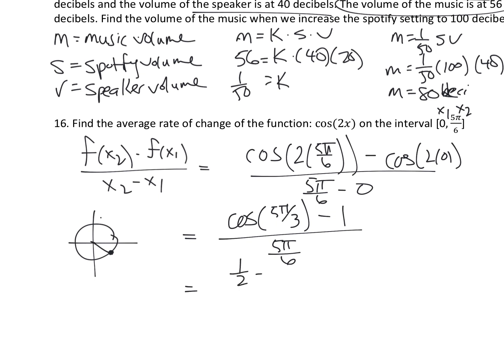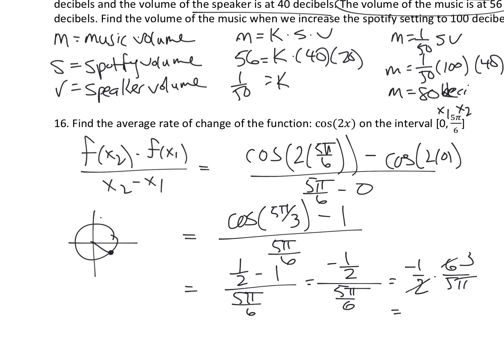So I get 1/2 minus 1 over 5 pi over 6, negative 1/2 over 5 pi over 6, negative 1/2 times 6 over 5 pi, because it's reciprocals, reduce, negative 3 over 5 pi is my average rate of change here.